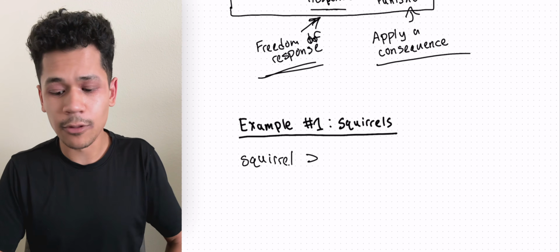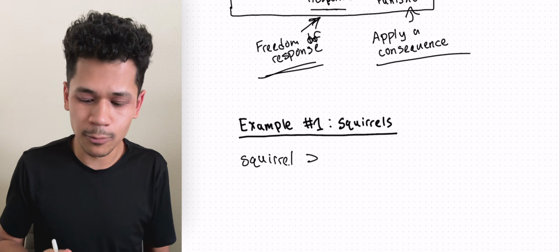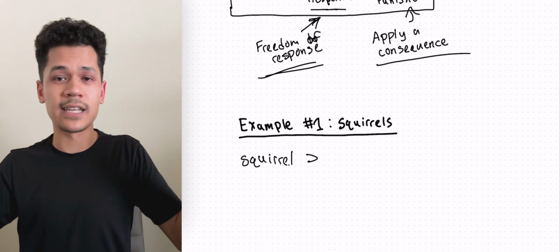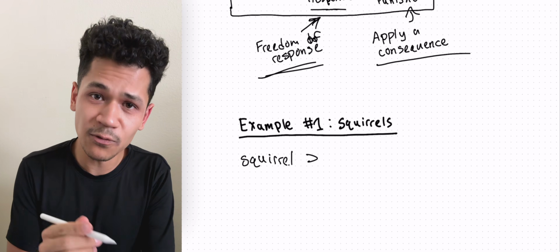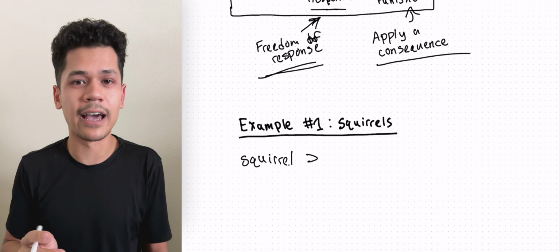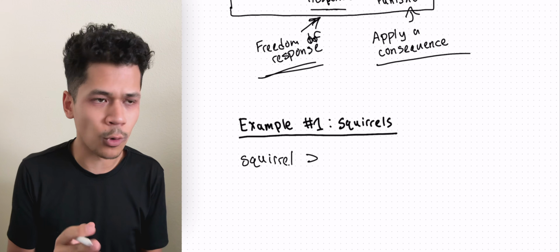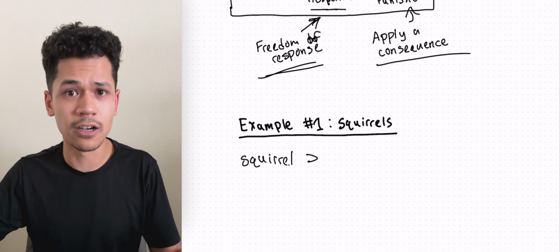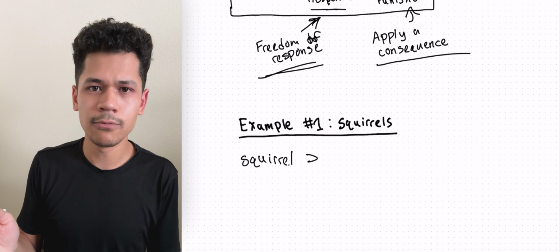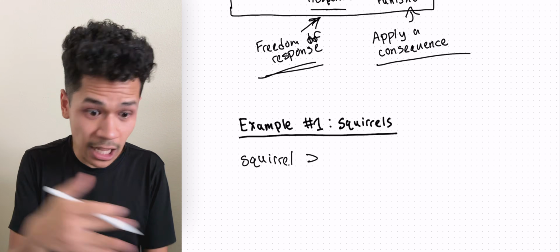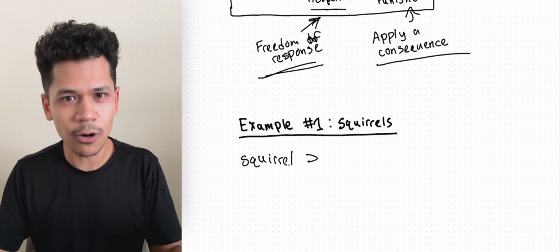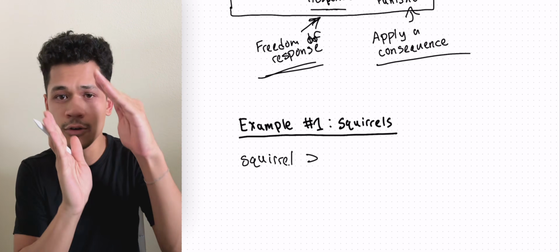Now, the reason why that doesn't work, the reason why you can't just reinforce an alternate behavior, is because if you do that, the dog will learn that, okay, when I see squirrels, I look at you, I get a treat, good. But also, if I see squirrels and I lunge and chase after them, also good, right? And so they think these are two possibilities.